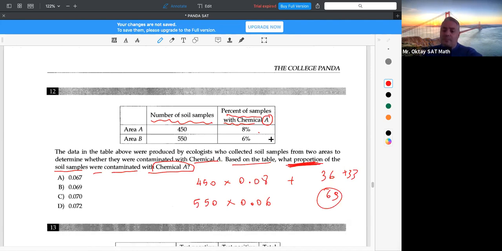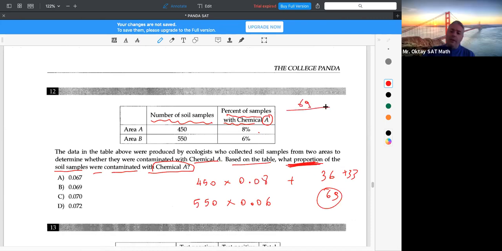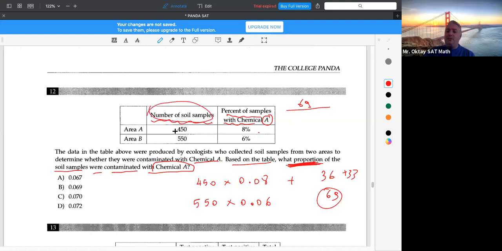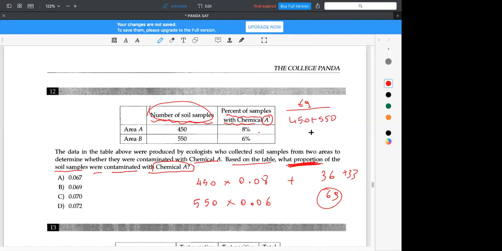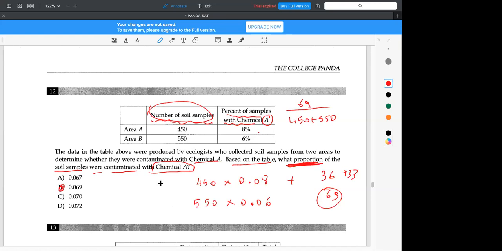Am I right? Yeah. So 69 out of what will be? What should I write as the denominator? 550 plus 450? Yes, since this is the number of soils totally. So 1,000. If 1,000, 0.067. Okay. Easy.